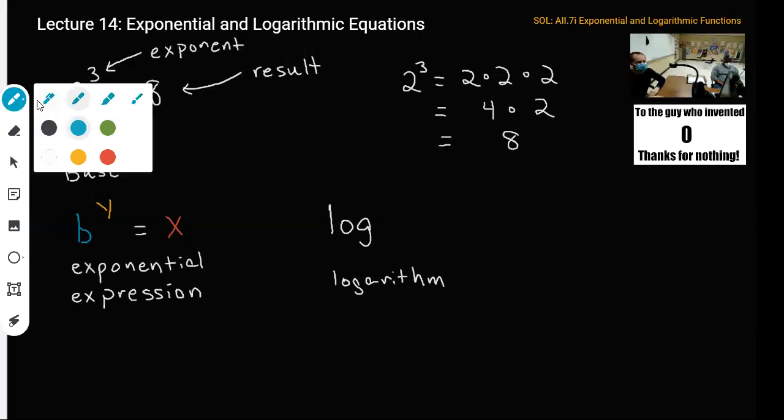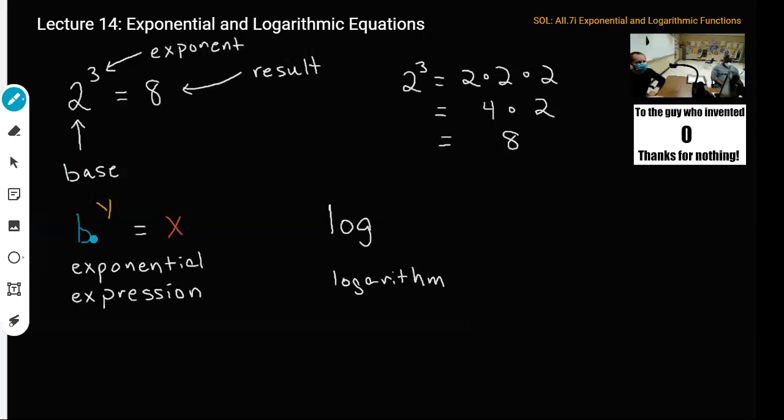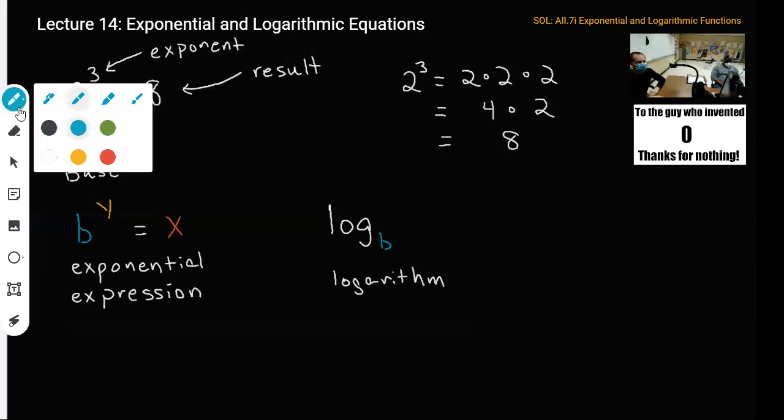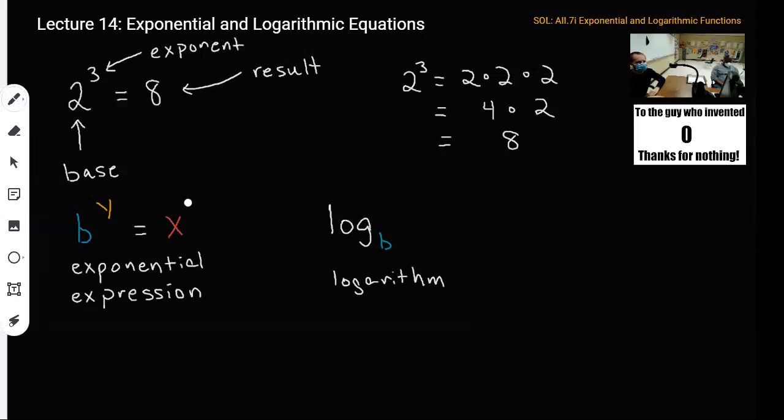In this case, it's going to be the base that we started off with, the b. So I'm going to put this b right below the g. And the base is just going to be a number, right? Then we're going to have an expression in parentheses. And then on the other side, we're going to have an equal sign.